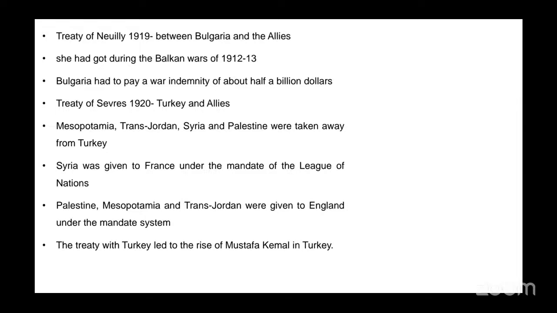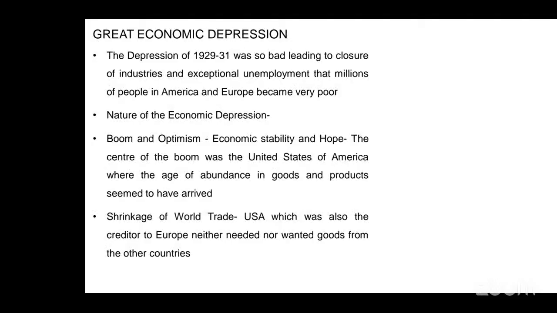The treaty with Turkey led to the rise of Mustafa Kemal in Turkey. So this is how the treaty with Turkey restructured Turkey's map, and its territories were given to other stronger nations.